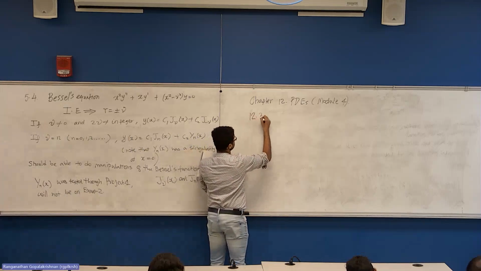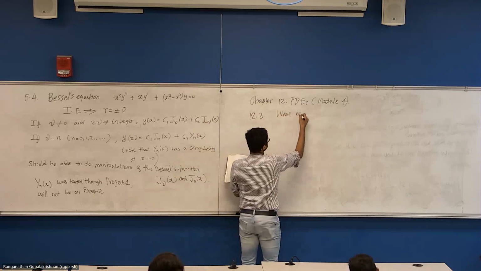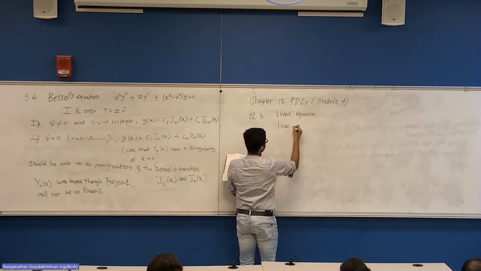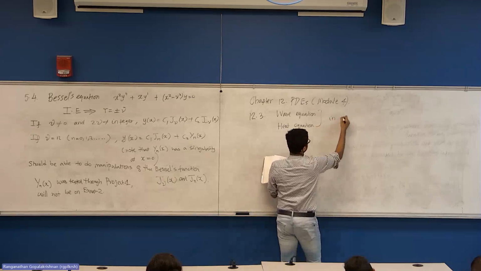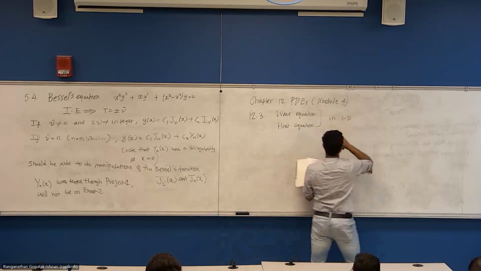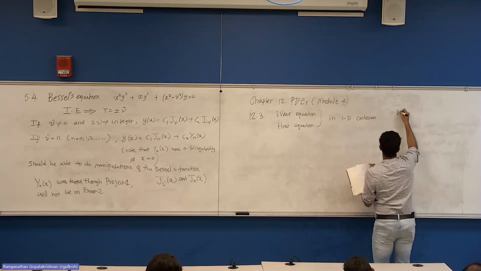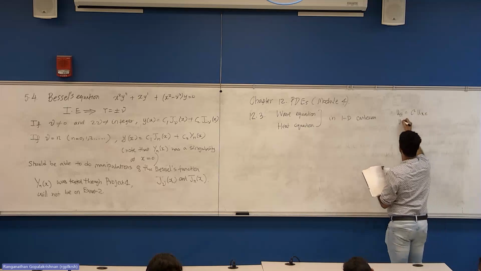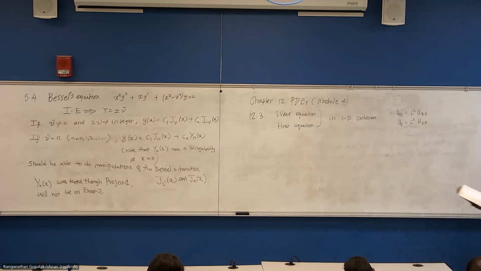Section 12.3, wave equation and heat equation in 1D, that is 1D Cartesian. So u_tt equals c squared u_xx, u_t equals c squared u_xx. We saw this.